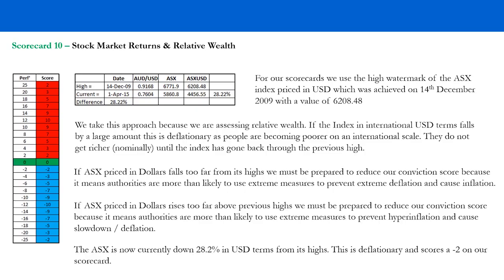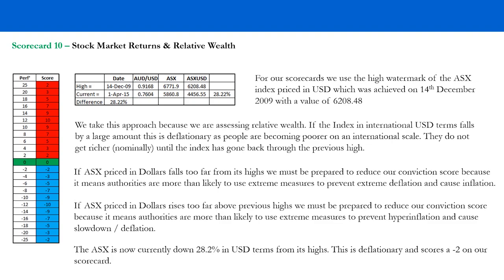So if the index in international US dollar terms falls by a large amount, this is deflationary because people in Australia are actually becoming poorer on an international scale. And they don't get richer nominally until the index has gone back through the previous high. So they don't get richer versus the rest of the world until it's gone through the previous high.